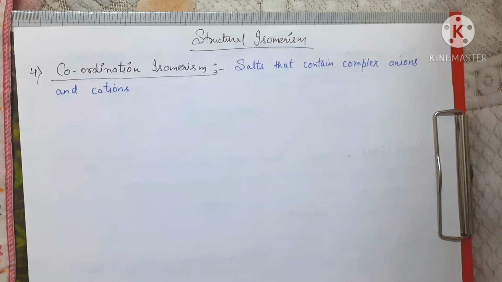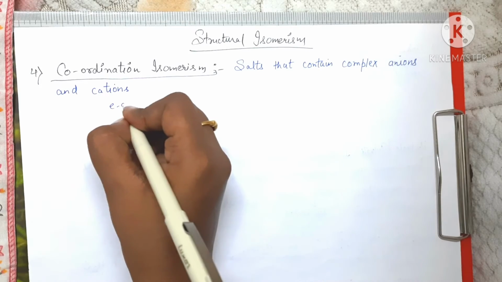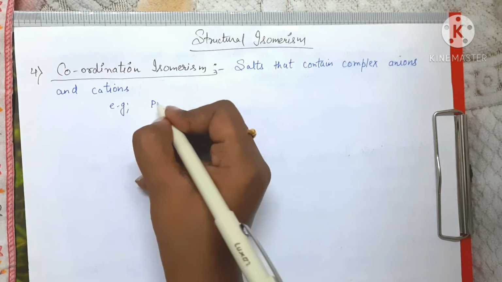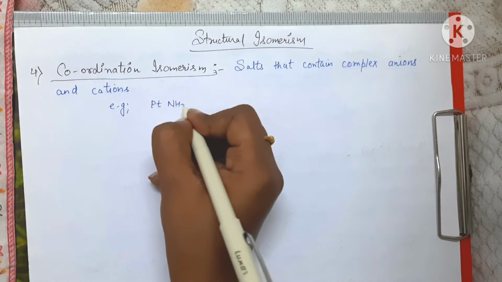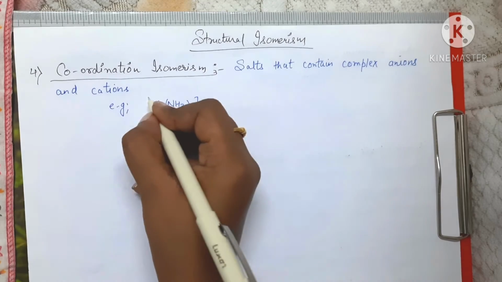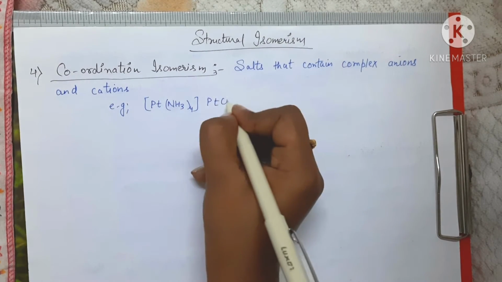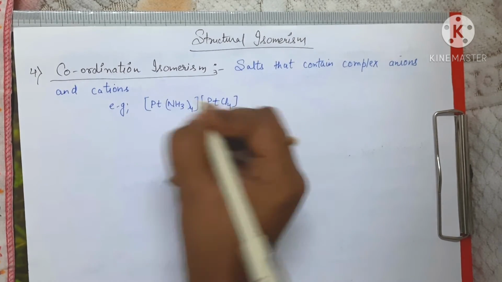So in order for these structures to show coordination isomerism, there should be complex cation and complex anion. So for example, we have Pt(NH3)4 PtCl4.